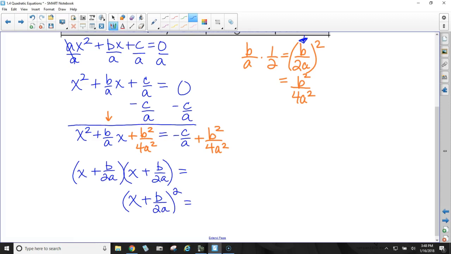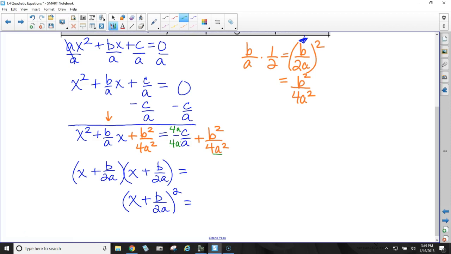So we factored on the left-hand side. We're now going to combine on the right-hand side. Again, we have fractions, and to be able to combine fractions, we need a common denominator. The least common denominator between a and 4a squared is 4a squared. So what we are missing here is a 4 and an a to give us the 4a squared. So we're going to multiply the denominator by 4a as well as the numerator by 4a.